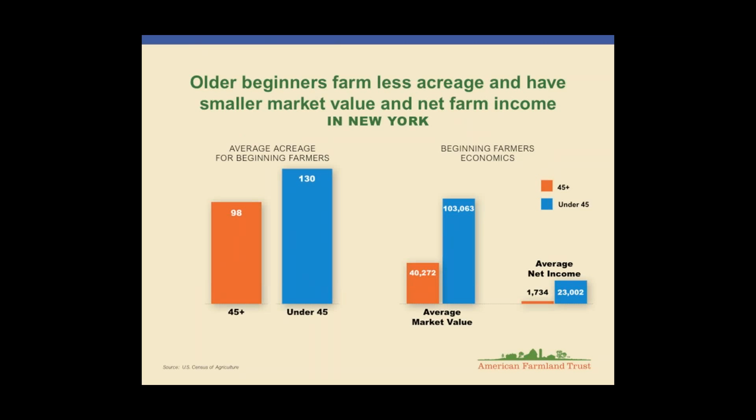The 130 acres is the average for under 45s and the 98 for the over 45s. And on the economic footprint, younger beginning farmers are producing an average market value significantly more than their older counterparts. And in terms of average net farm income, that's a somewhat significant difference between the age groups of beginning farmers.